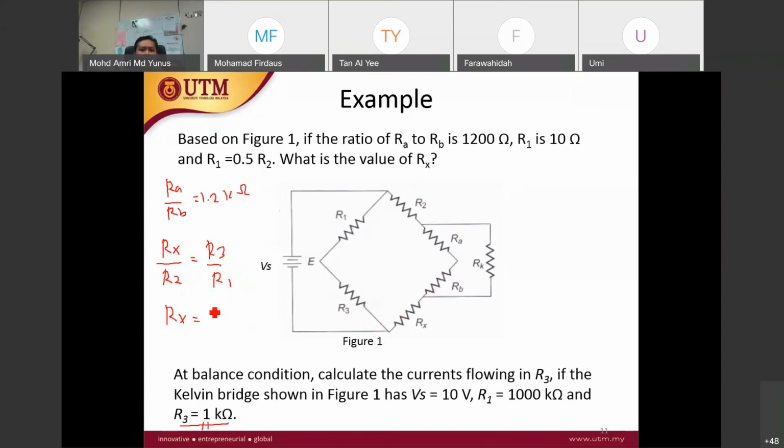R3 is 1K, divided by R2 over R1. And from here R2 over R1 is equivalent to 1 over 0.5. So that's equivalent to 2, isn't it? From that, I think the answer is 2K.